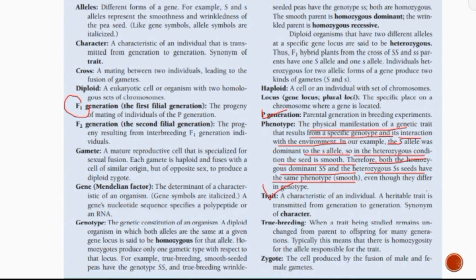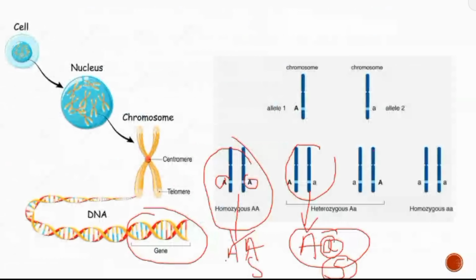Trait means the characteristic of an individual. It is a synonym for character. True breeding means a trait being studied remains unchanged from parent to offspring for many generations. If one parent is homozygous dominant and the other is also homozygous dominant, both will produce gametes, and the F1 generation that will be produced will be homozygous.